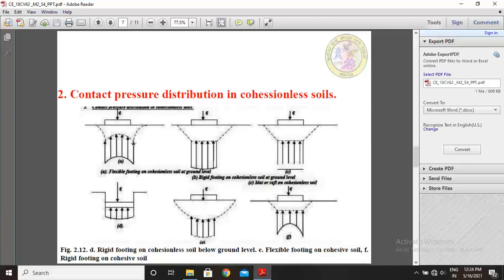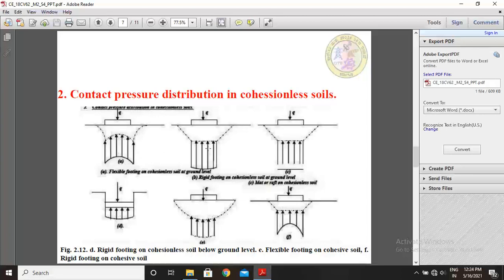The soil at the center is confined and therefore has a high modulus of elasticity and deflects less for the same contact pressure. The contact pressure is uniform.